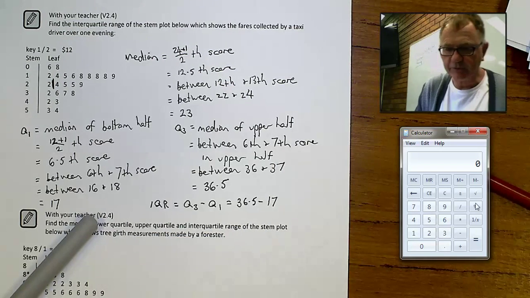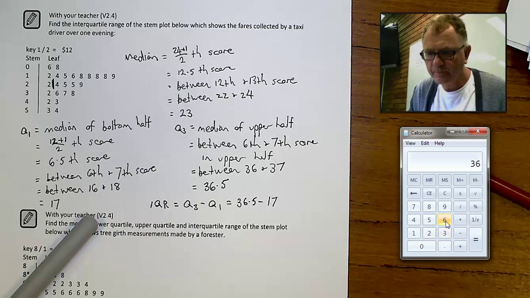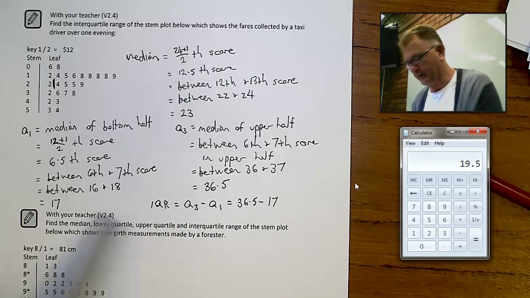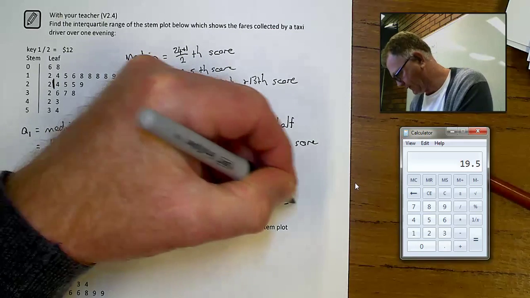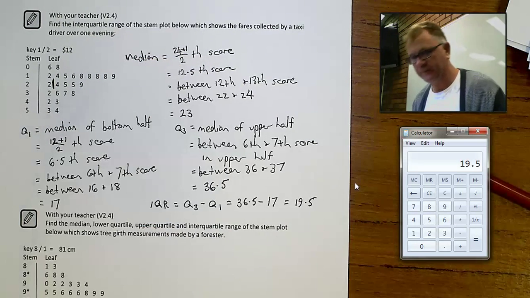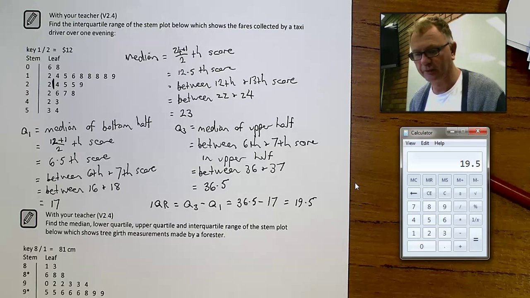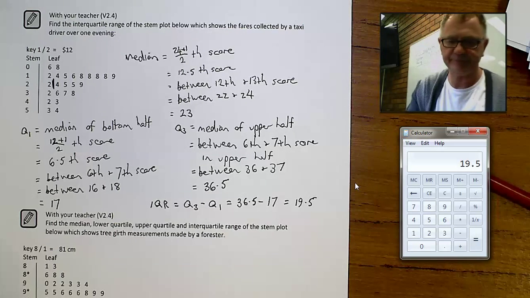I'll go for my trusty calculator. Ta-da, 19.5. We've got a second question, and this will throw to light something quite important. Just wait one moment.